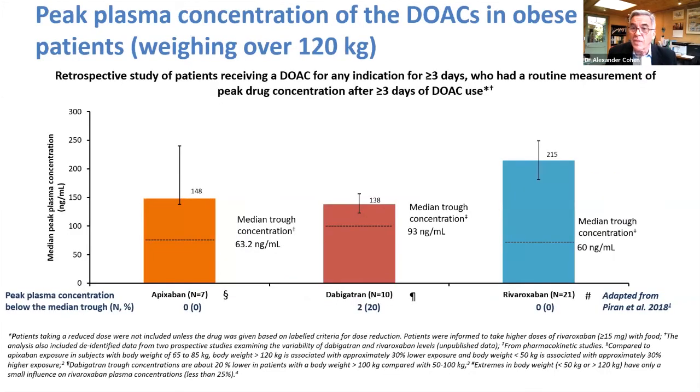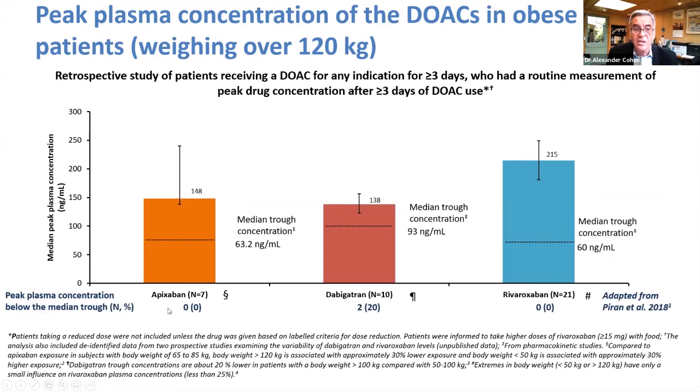But we've got some other laboratory work that is of interest too. This work from Piran in 2018 looked at peak concentrations of DOACs in obese patients over 120 kilograms, somewhat in response to the ISTH. They looked at patients on apixaban, dabigatran, and rivaroxaban who had had at least 3 days of therapy. When you look at the peak concentrations and the median peak concentrations, they're all very satisfactory in each of these groups.